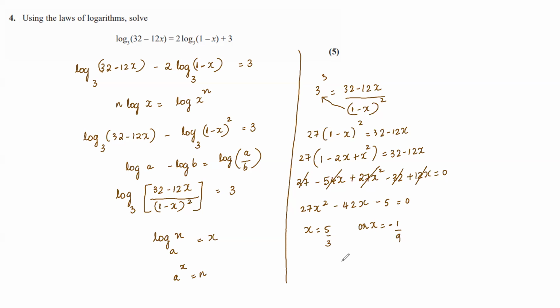So here we need to check which value we should consider. We know that log can never be negative. So in this bracket, we know it is 1 minus x.